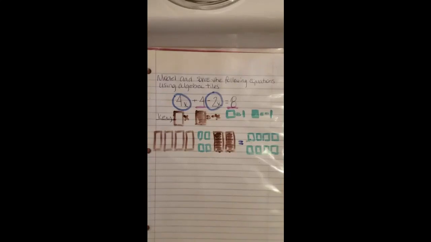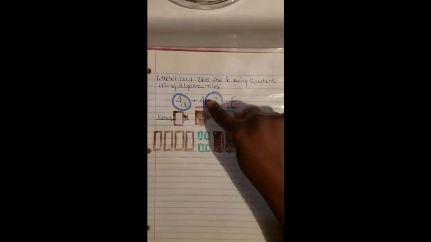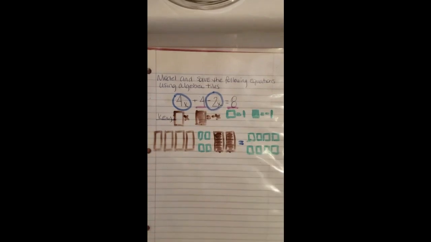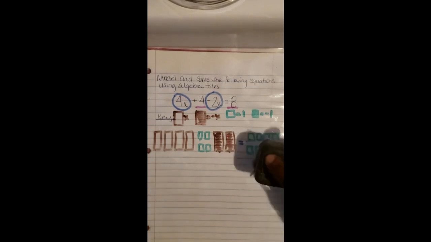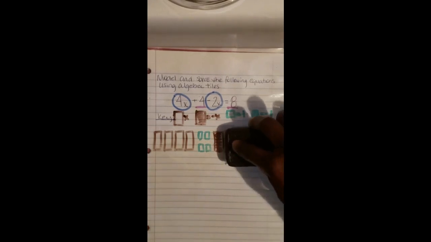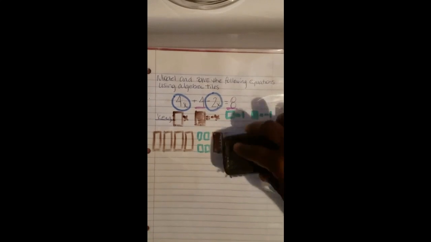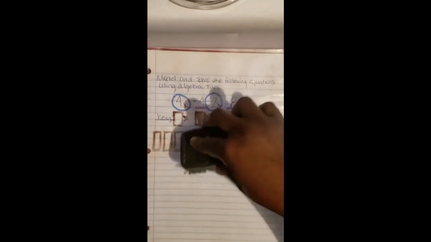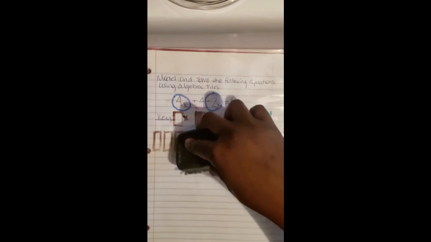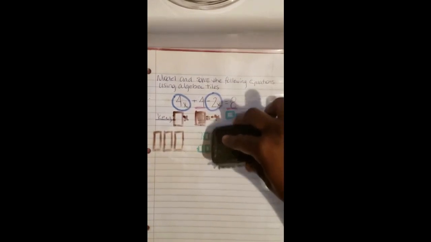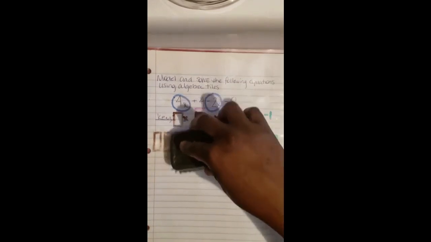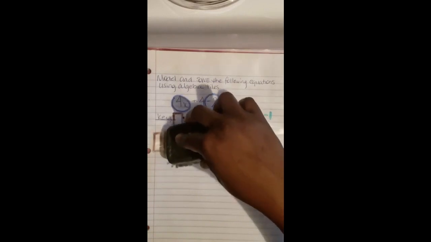So with that being said, let's talk about how we can combine this 4x and this 2x. So you have 4x minus 2x, which means we are actually subtracting. And we know when we subtract 4 minus 2, we get 2. So what that looks like is for every negative x that I can take away from this side, I have to also take away a positive. There's another negative, so I'm going to take away another positive.